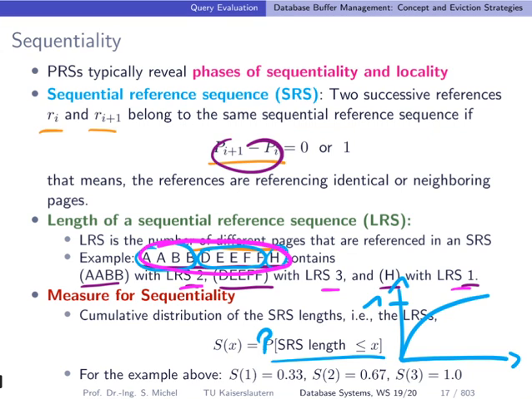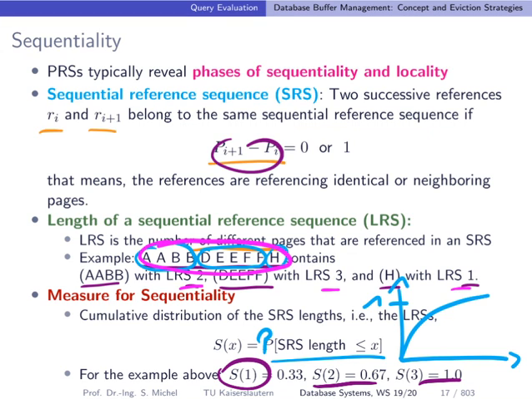If you're looking at this, for instance, it tells that 1/3 of all sequential reference sequences have a length smaller or equal to 1, 2/3 have a length smaller or equal to 2, and of course all are smaller or equal to 3.